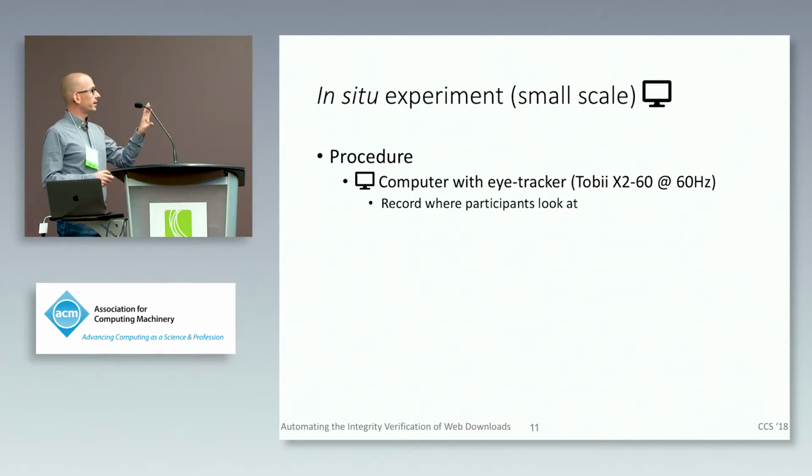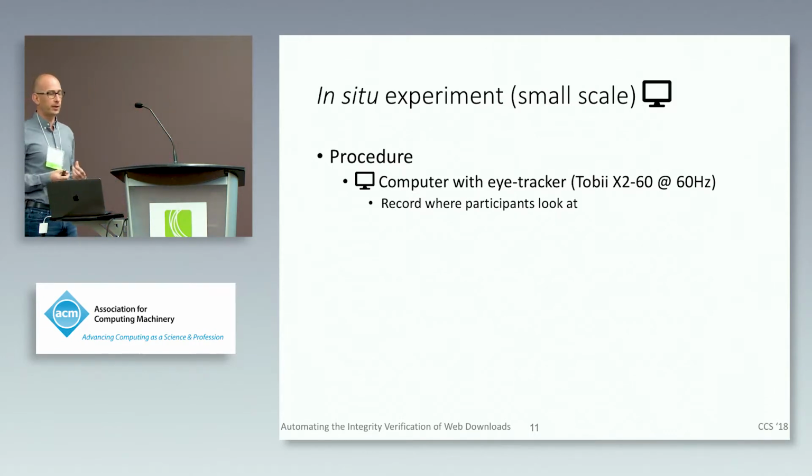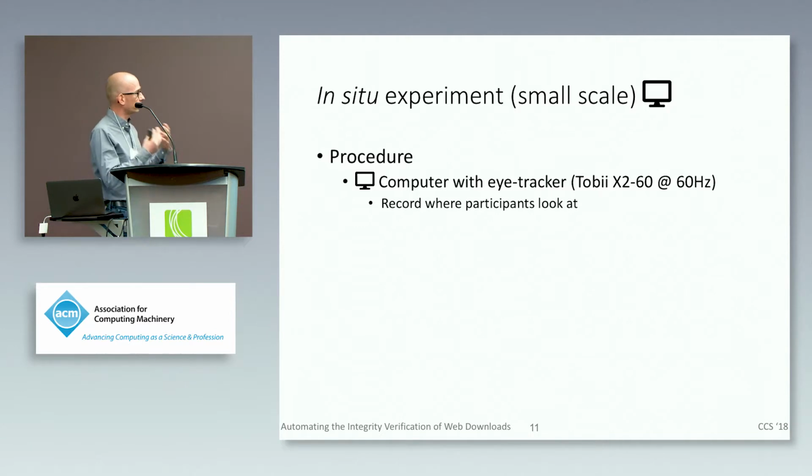The eye tracker is a small device that you put at the bottom of the monitor, and that records where participants look. It's a good way to capture objective metrics of the way people interact with the monitor. And the two metrics that we measured here are the number of fixations and the dwelling time.